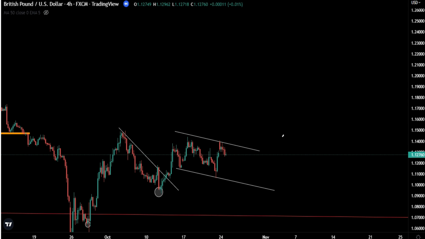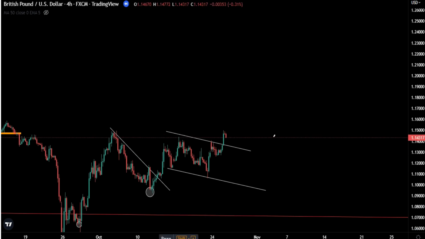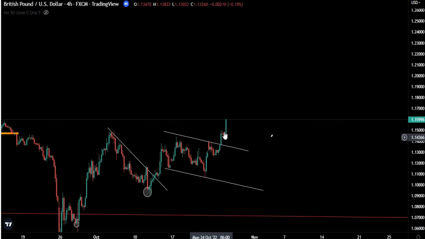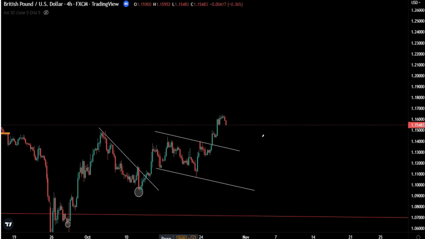Let's see what the price will do next. You can see the price break out from this zone, so you can start making entry anywhere from that zone.